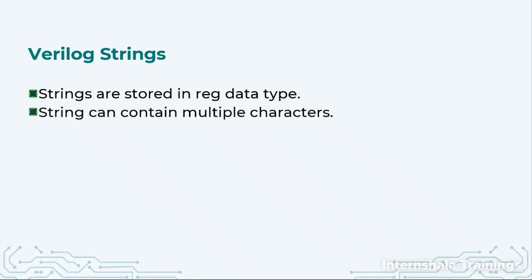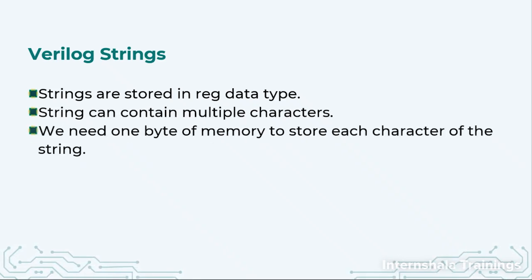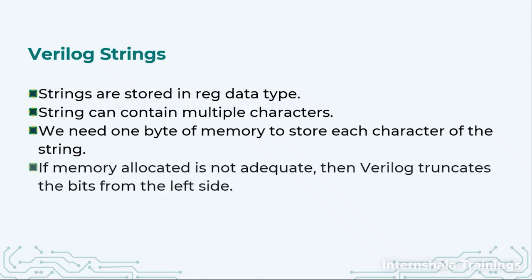Strings can contain multiple characters or a single character, and for every character we allocate 1 byte of memory. So if my string length is 10 characters, then I need 10 bytes of memory to store the complete string.